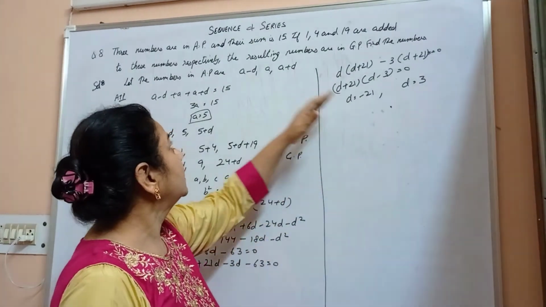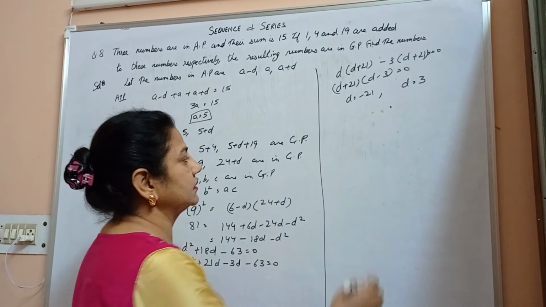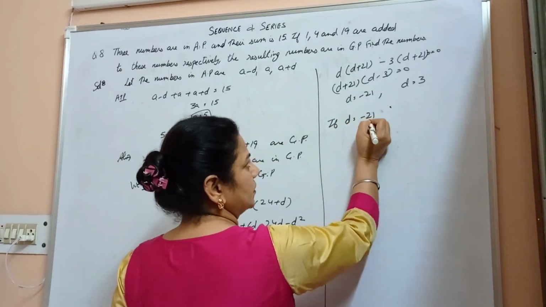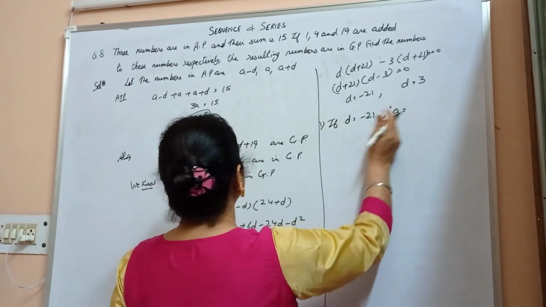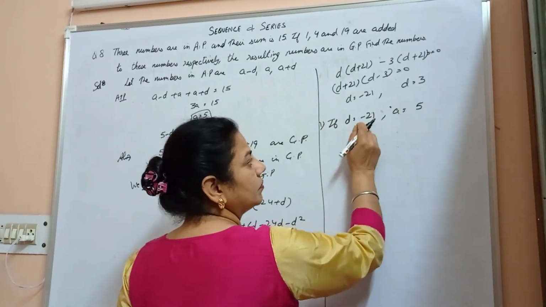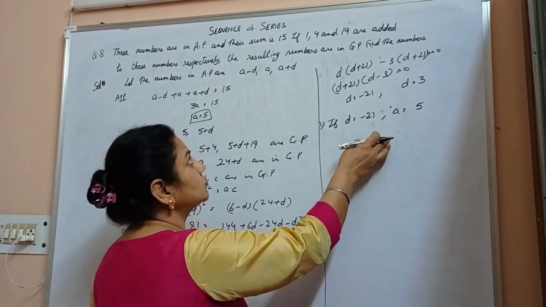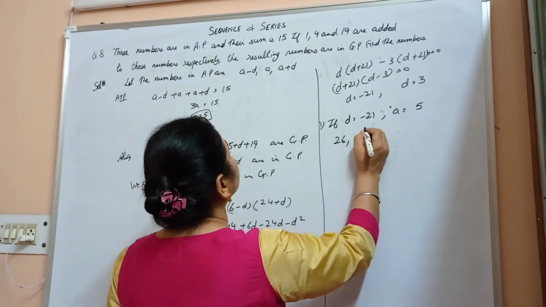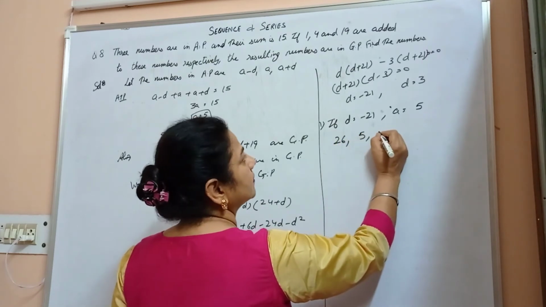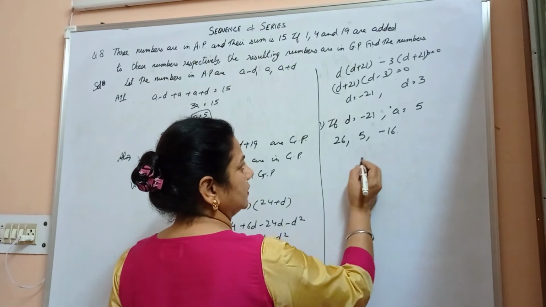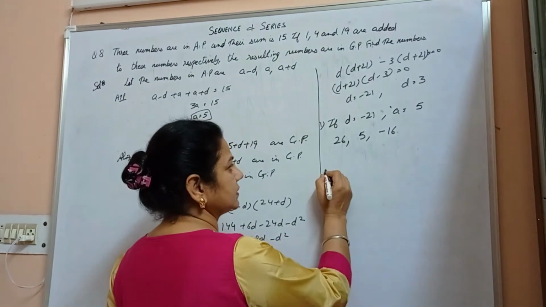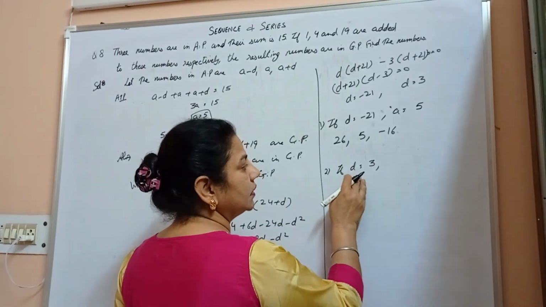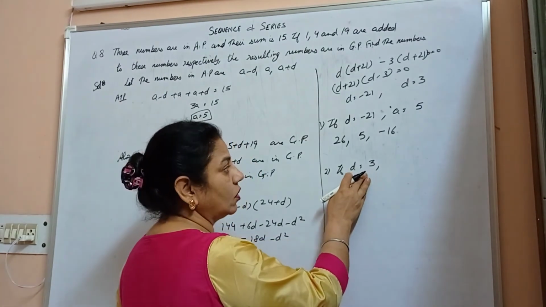Substitute these values in the given number to get the resulting numbers. So if D is equal to minus 21, and the first term is 5, substitute this value in the given number. I will get 5 plus 21, 26, then 5, and 5 minus 21, minus 16. So numbers are 26, 5, minus 16. And if D is 3, common difference is 3.